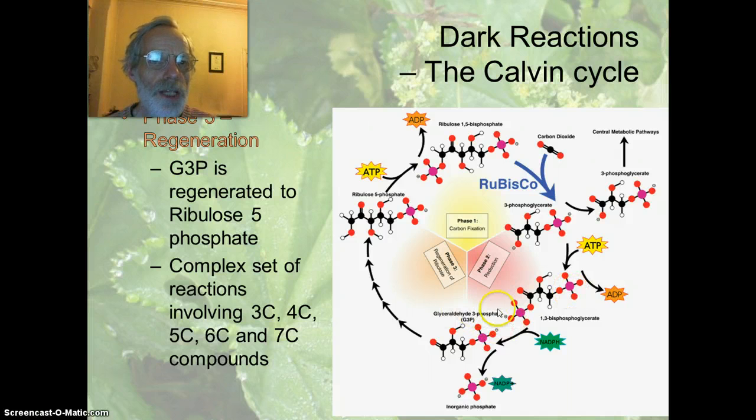In phase 3 of the dark reactions, the Calvin cycle, the glyceraldehyde 3-phosphate is regenerated to ribulose 5-phosphate by a complex set of reactions involving 3-carbon, 4-carbon, 5, 6 and 7-carbon compounds.